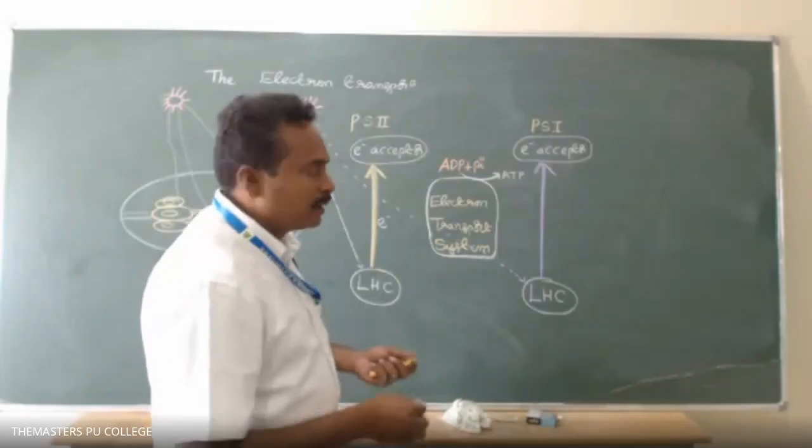At the final link of the electron transport system, ATP, adenosine triphosphate, and NADPH are synthesized.